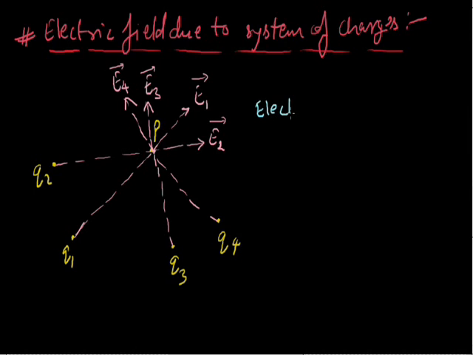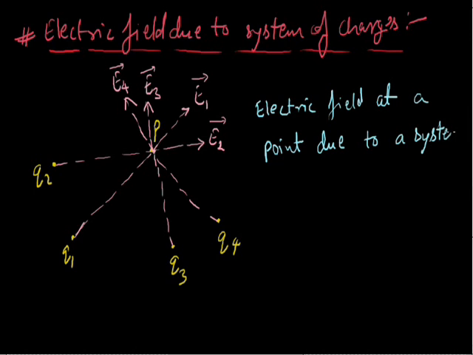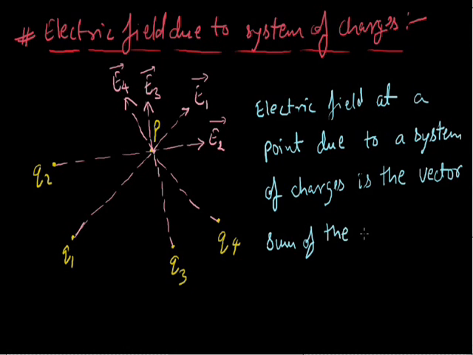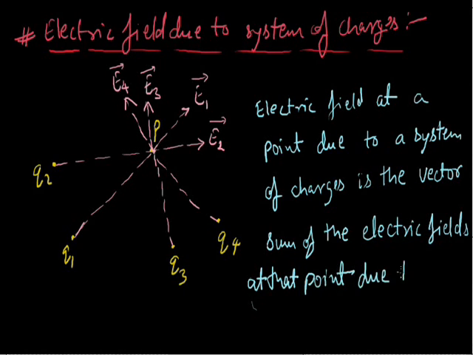The electric field at a point due to a system of charges is the vector sum of the electric fields at that point due to individual charges.